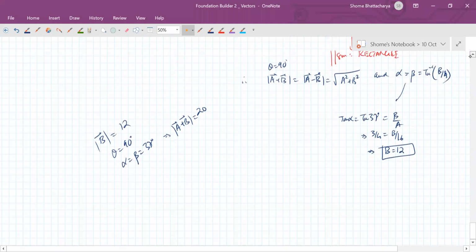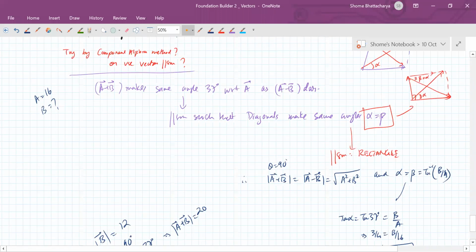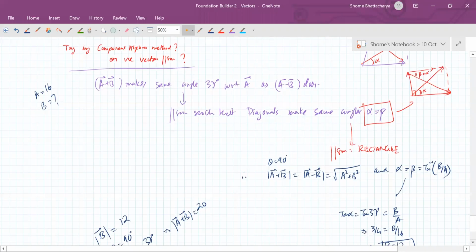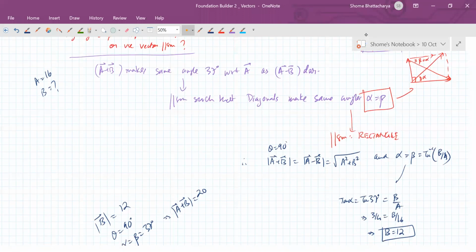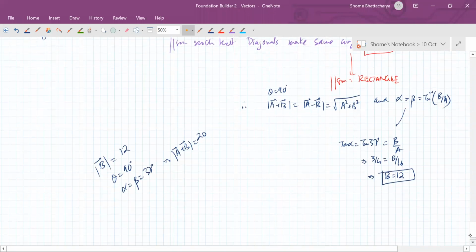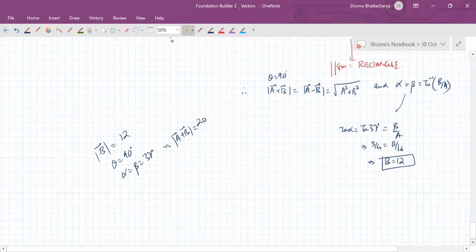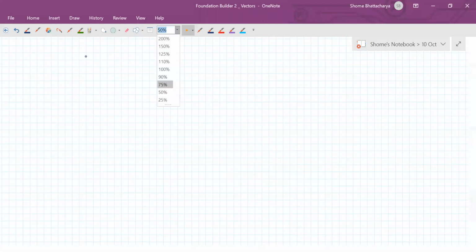First of all, how we analyzed from the given information that it has to be a rectangle, cannot be any other case. So for example you can also do this by component algebra.